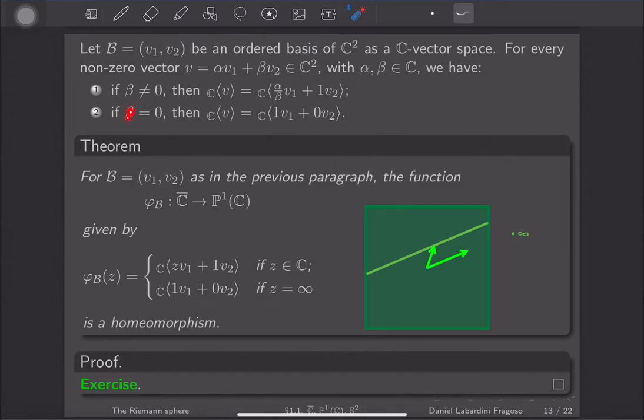And if beta is 0, then here this is 0. So now I can divide by alpha, and the vector changes, but the vector subspace it spans doesn't change.